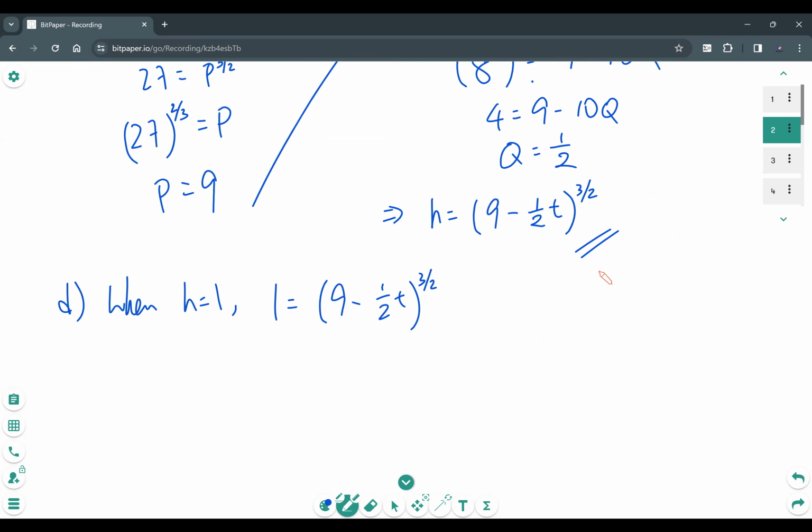We've said this many times, to get rid of this 3 over 2, we can do reciprocal power on the left-hand side. But 1 is like the calmest person in the world. Whatever happens to him or her, it has no effect. 1 to the power of 2 over 3 is just 1. So 1 equals 9 minus a half t. Bring it over, half t equals 8, so t equals 16 minutes. That's the answer.